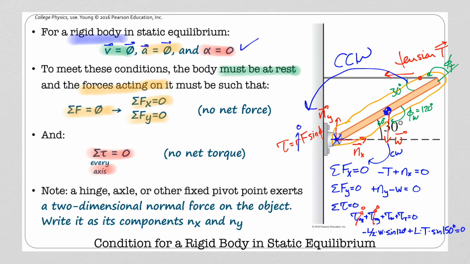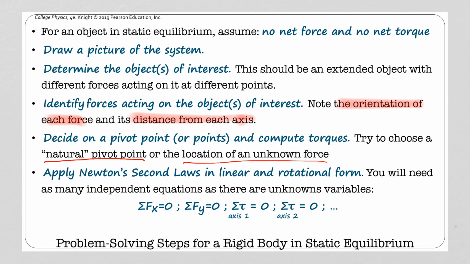In this case here, you can see how you can use the weight to solve for the tension. Once you know the tension, you can find the normal force and go on from there. So this is an application of this process of solving a static equilibrium problem for a rigid body.